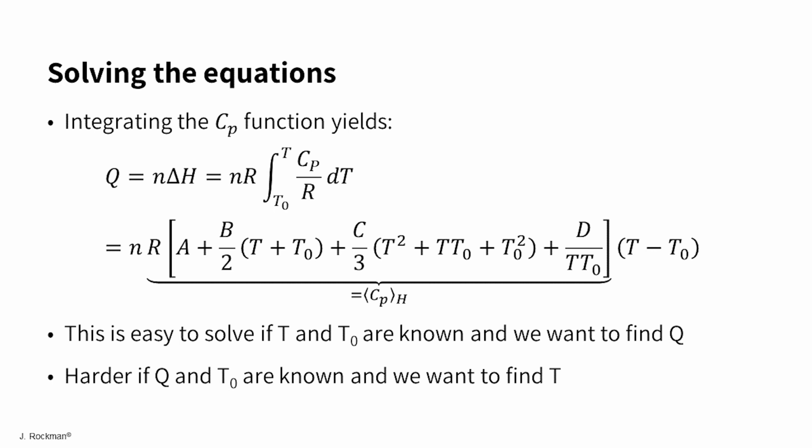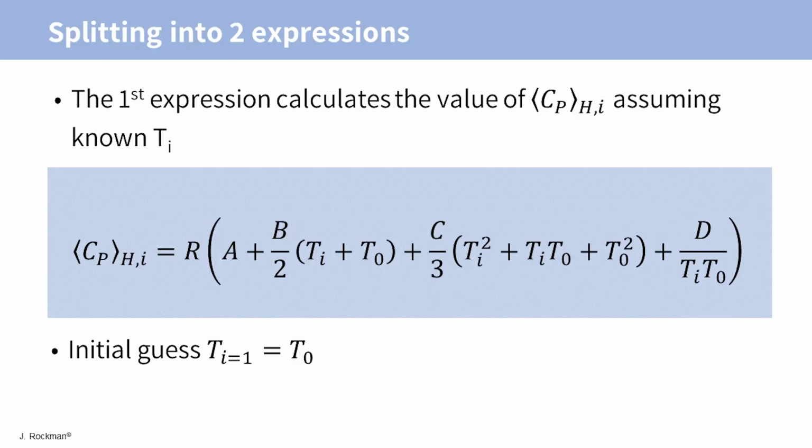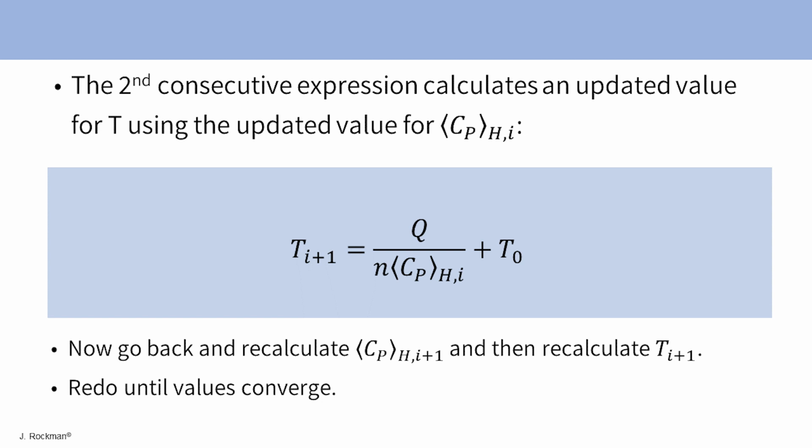Let's divide the expression into two and rearrange them. First, we'll calculate the average Cp value, assuming a known, predefined value for T. A good initial guess would be for T to be equal to T0. So we have Cp of H, i, equals R times the expression in the brackets, where Ti is known, and we've pre-assumed T, so we can now obtain an initial value for Cp of H. Now use this value to obtain an updated value for T. So T i plus 1, the next value for T, will be equal to Q divided by N times the average Cp.